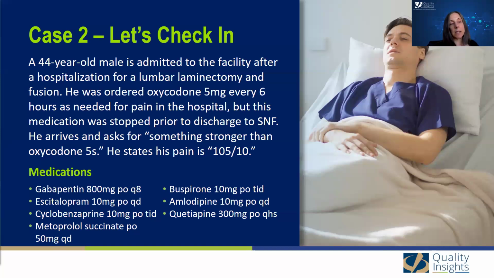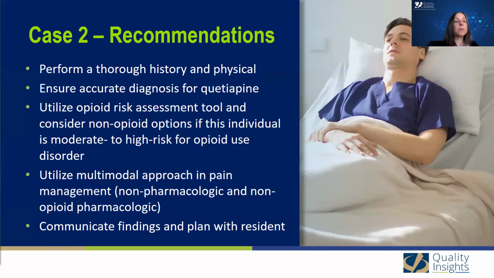So as you can see, the medications that this resident is receiving, cyclobenzaprine is a muscle relaxant, so he's receiving that, and gabapentin, possibly for neuropathic pain. So in this case, we want to perform a thorough history and physical, make sure we understand the diagnosis for quetiapine, which is an antipsychotic. We really have to make sure we understand why the resident is receiving an antipsychotic.